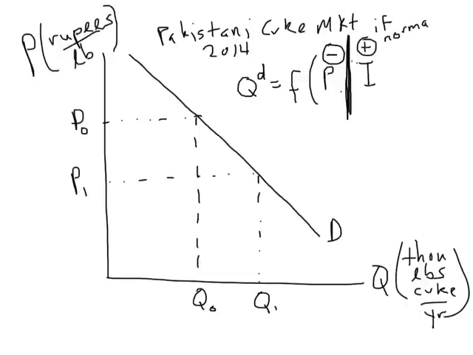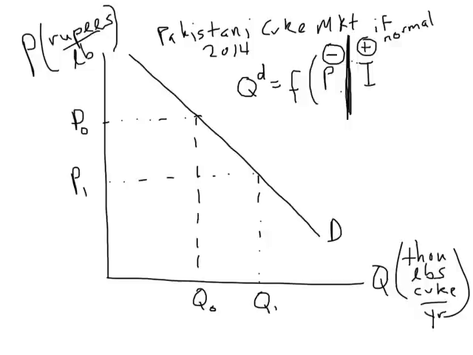If it's a normal good, that's a positive relationship. Meaning if income goes up for the market, then people are going to buy more or want to buy more cucumbers. If income goes down, they want to buy less. Either one of those things is connoted by this positive relationship. Income and quantity demanded move in the same direction.